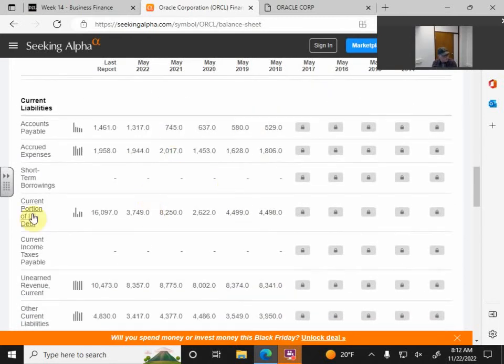And the current portion of their long-term debt jumped up, so what do we think? Did they maybe borrow a little bit of money? Or, and this one, I don't know if I can find it quickly today. I looked it up last week, I think, when I was talking about this. If I look through the annual report, I found that they had some maturing bonds, I think, and they just paid them off, okay?